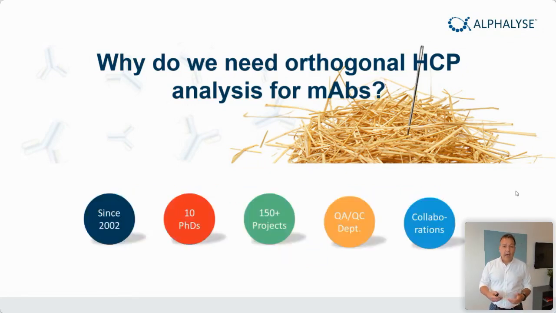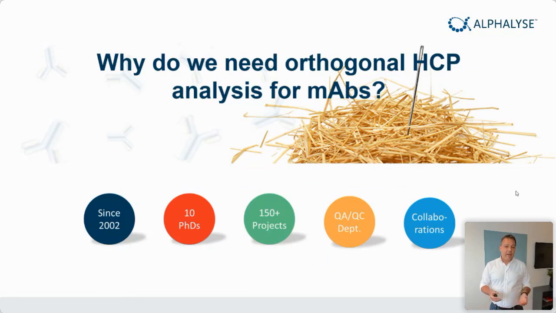So why are we here today, and what is it that AlphaLyse has done over the last 20 years? We are a contract research organization specialized in using mass spectrometry to help our clients develop new biologics. We have done that for almost 20 years, and for the last 7 years we have been developing this method for looking at host cell proteins using mass spectrometry.